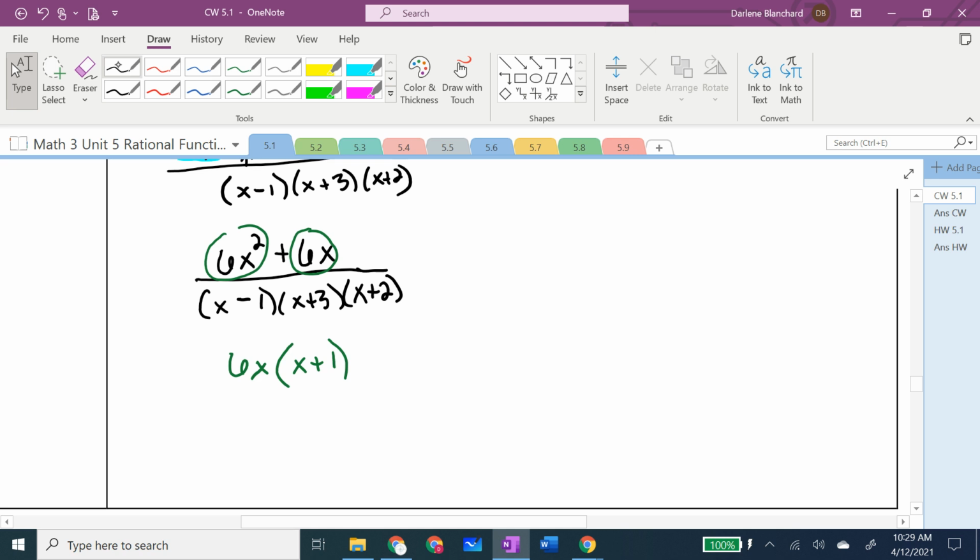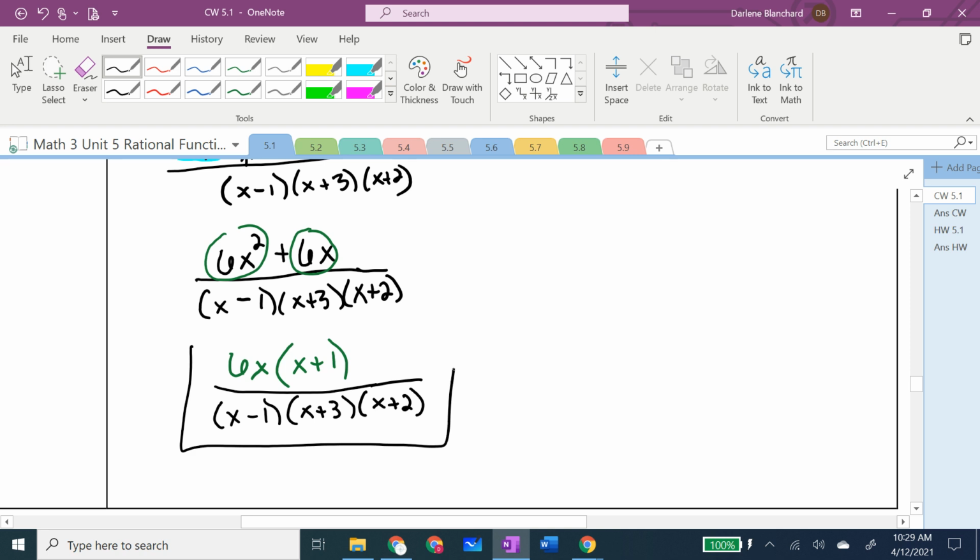Now, is x plus 1 one of the denominator factors? There's an x minus 1, but not an x plus 1. So you actually don't have anything that will cancel. And I want to tell you what that means.